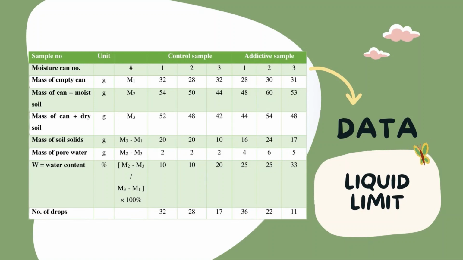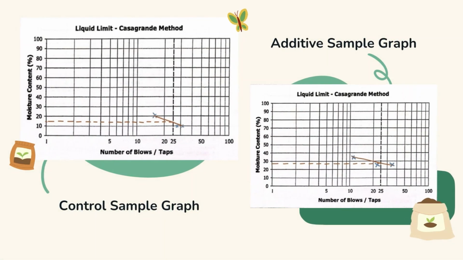This is the data for the liquid limit test. And this is the graph for the liquid limit by Casagrande method for control sample and additive sample.